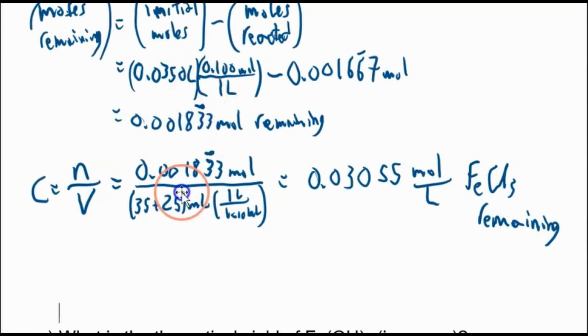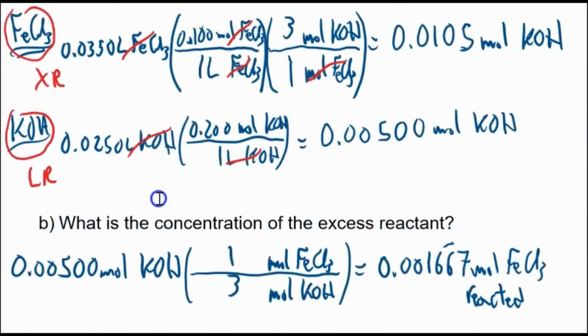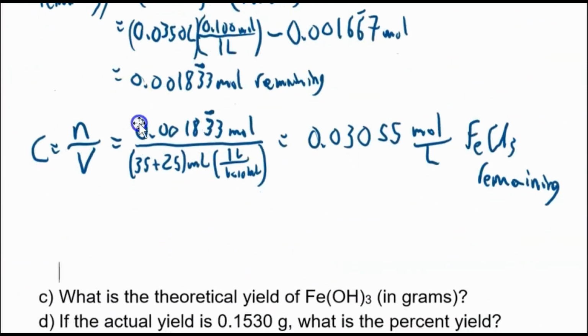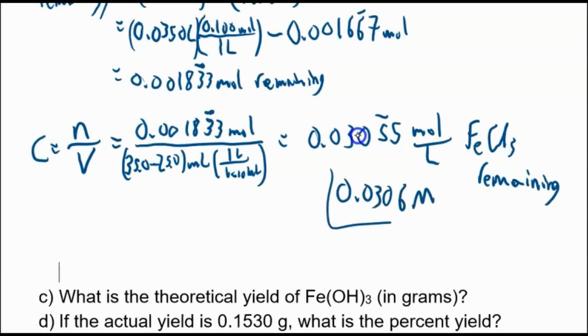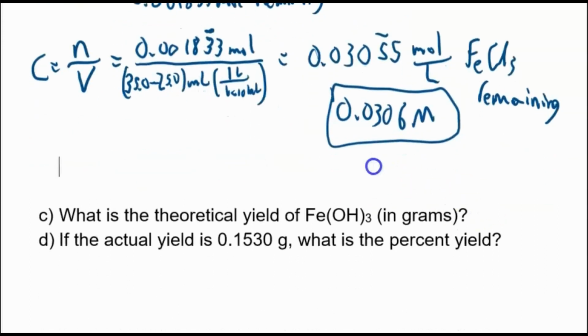These should be 3 sig figs, 35.0 minus 25.0. So this has 3 sig figs and this has 3 sig figs, so this one should have 3 sig figs. So it'll be 0.0306 moles per liter. Cool beans. Okay, great.